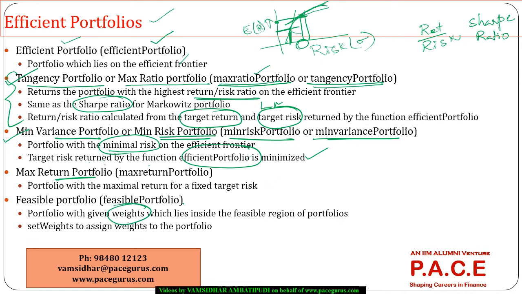But if I'm giving some kind of weights, instead of asking the system to determine the weights, then I can talk about the feasible portfolios. It may not be an efficient portfolio, but with the given set of weights, whatever is the feasible portfolio would typically be constructed and assigned to us.